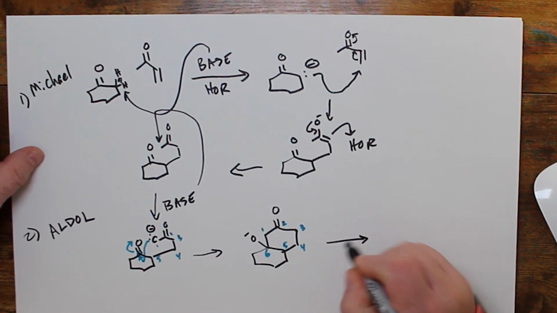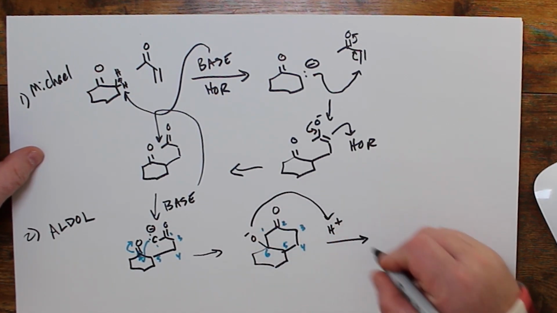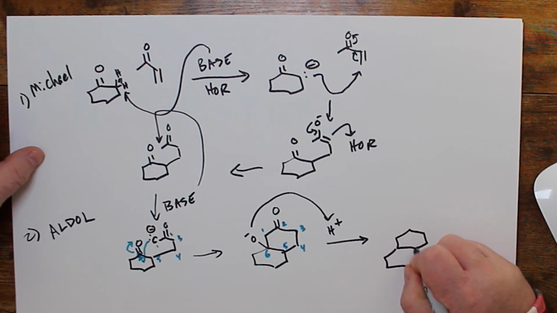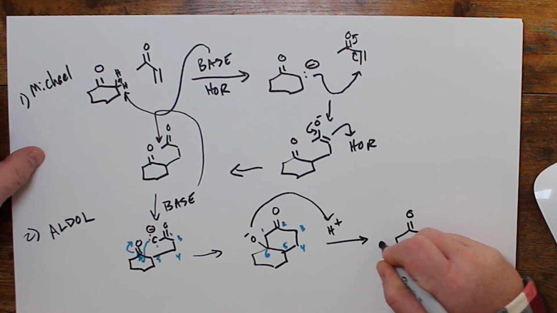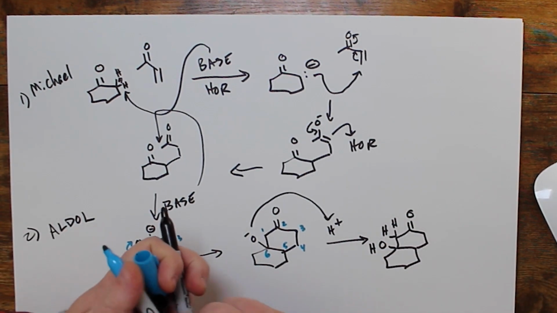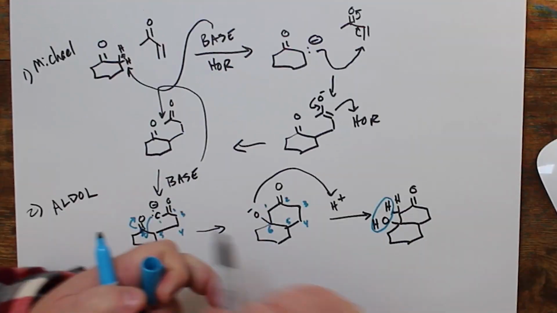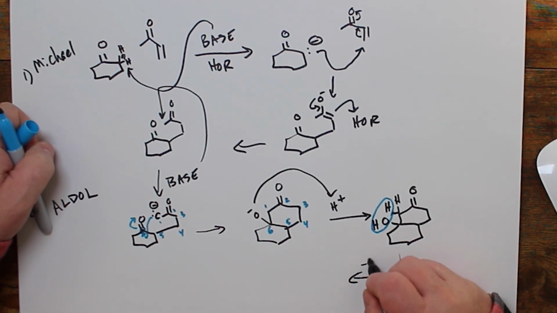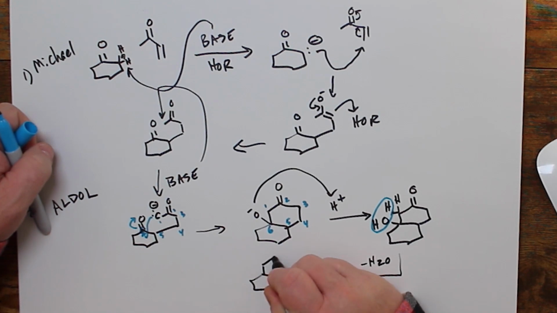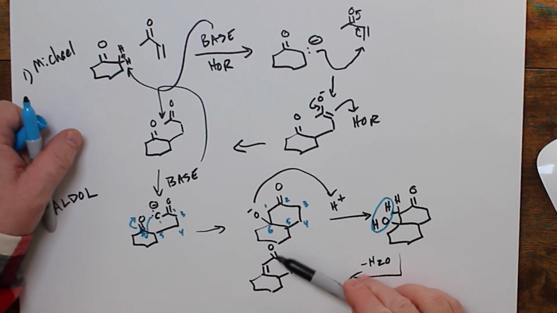So we finish up our aldol condensation. We can protonate with some acid. And we remember it can dehydrate by pulling off one of these hydrogens in the water, to make this conjugated ketone when I'm done.